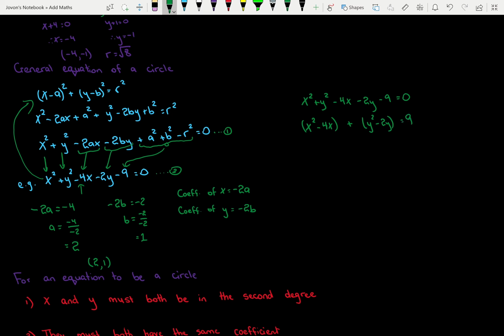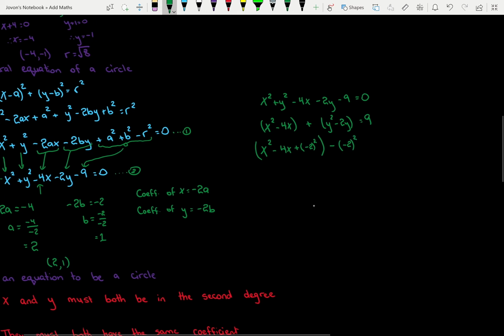If you remember from the previous video on completing the square, what we do is add a half of the coefficient of the x term. So we add minus 2 all squared. Since we add minus 2 all squared, in order to keep the equation balanced, we need to subtract it. So it would therefore be minus 2 all squared.